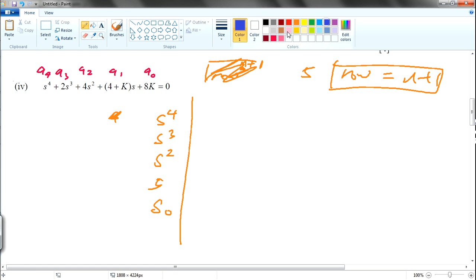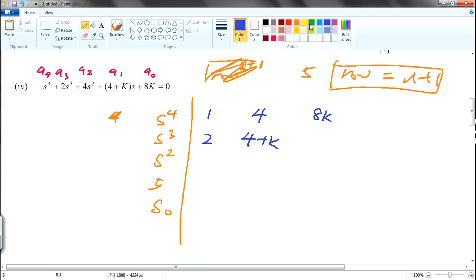A4, the highest, should be plotted over here. It's coefficient 1, because there's no coefficient over here. And then A3 is 2, right? So you just plot it down. And then for the second order, lower than A3, this is 4 plus K, and then this is 8K.